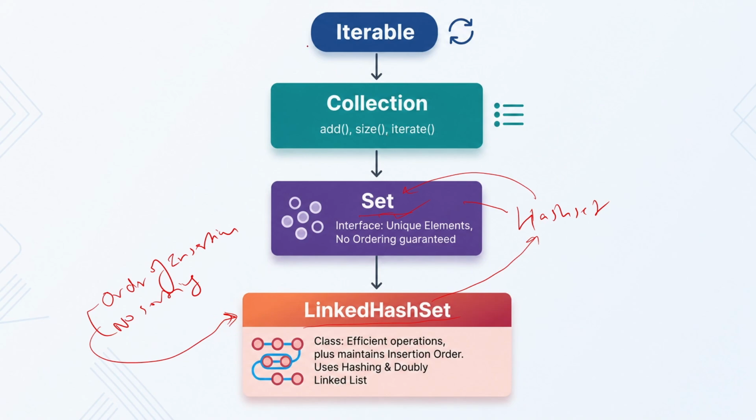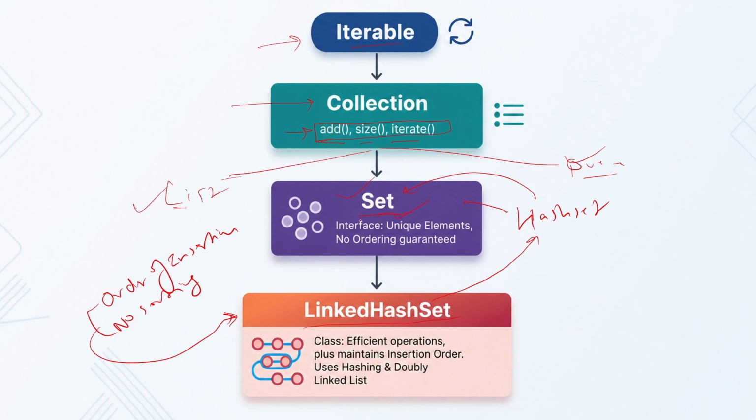These two points we need to remember for LinkedHashSet. And this is the hierarchy: the parent interface Iterable, then Collection is the child interface of Iterable, and we know that Collection provides the common methods: addAll, removeAll, size, iterate. These are the common methods which we can use in all three, List, Set, and Queue, the child interfaces, which have access to these common methods present in the Collection interface.